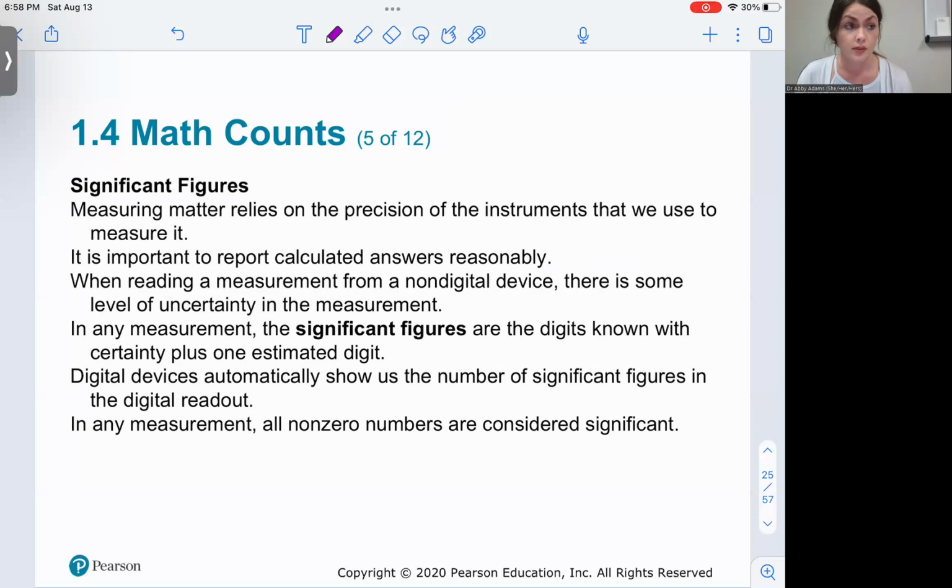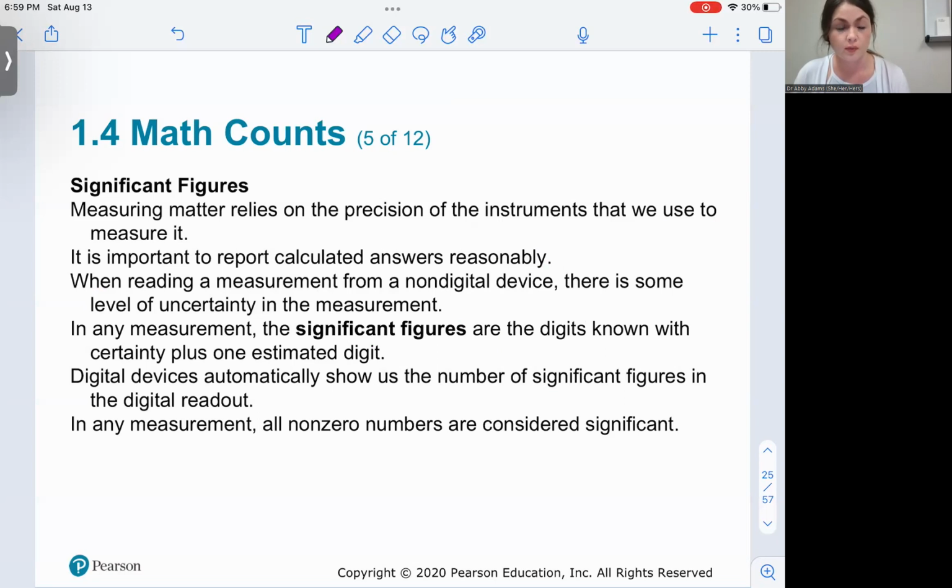So you have to use an instrument that's calibrated. It's based on some standard, just like the metric system. And these measurements that you're going to get only have the certainty that they really define. And that determines the significant figures.